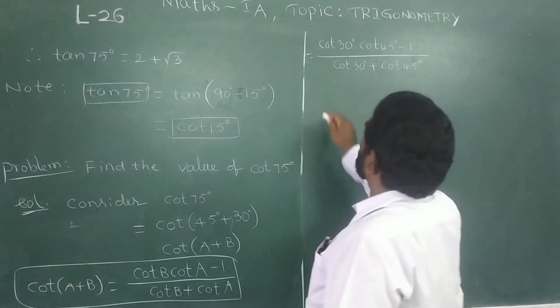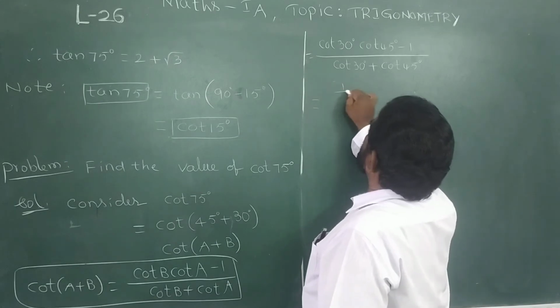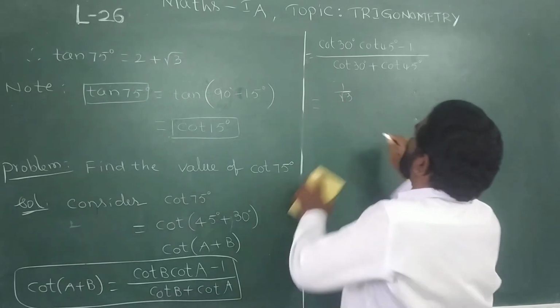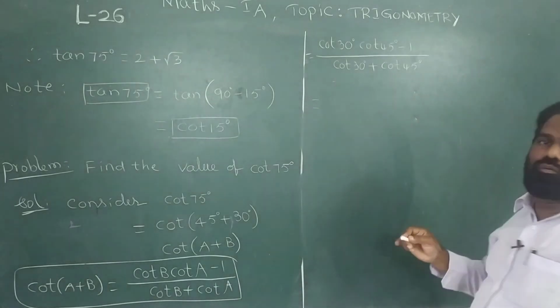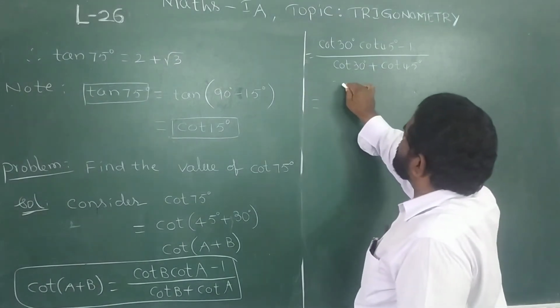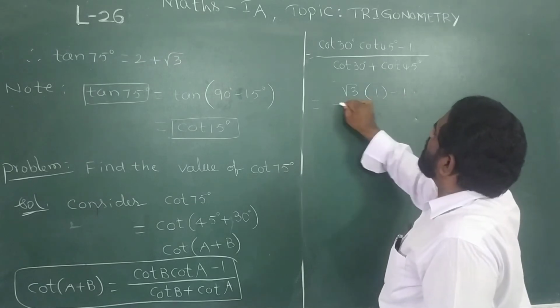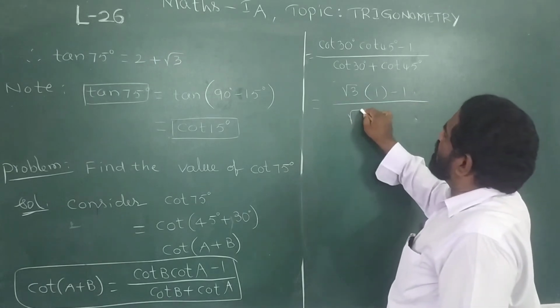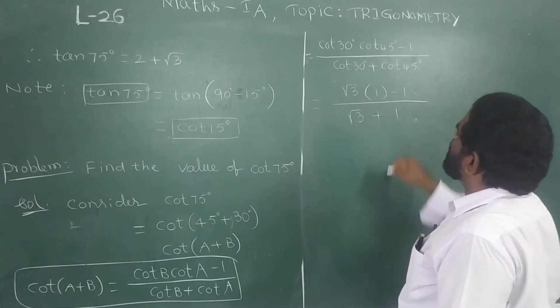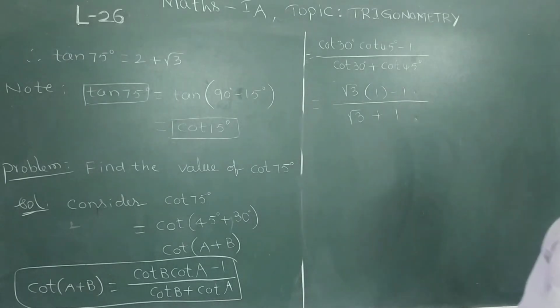Cot 30 degrees equals to root 3, and cot 45 degrees equals to 1.